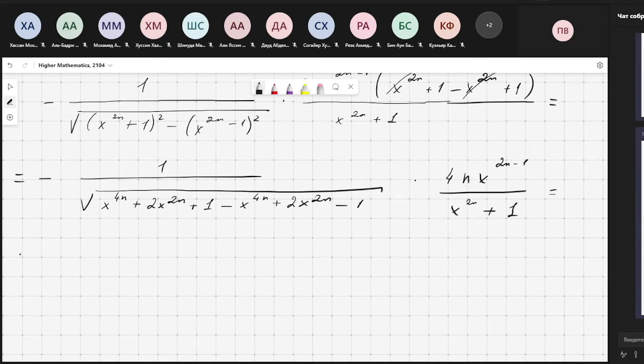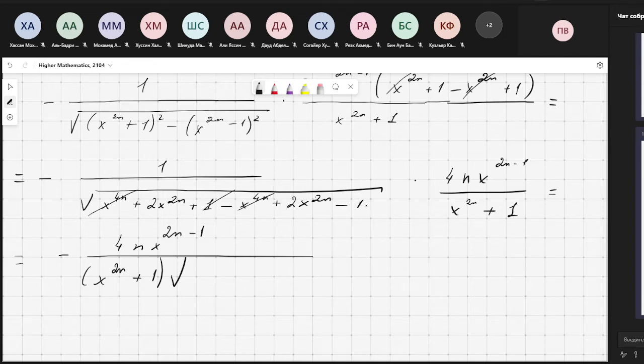Simplify. Minus 4n x to the power 2n minus 1, denominator x to the power of 2n plus 1, and under root 4x to the power of 2n.